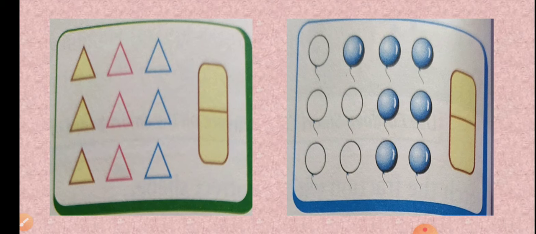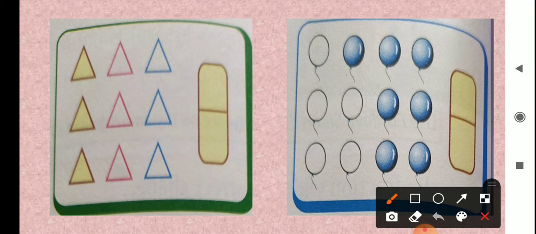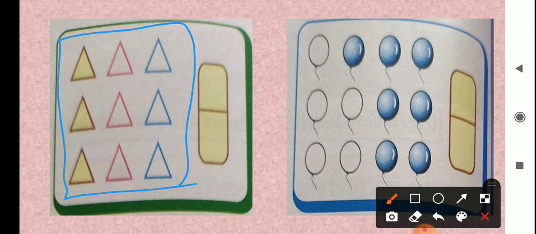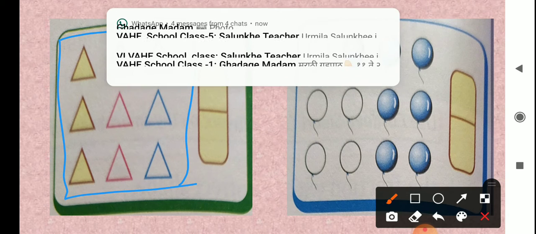Okay, so look at the given figure. Now here we will see the first figure. If you count, how many total triangles are given here? Yes, correct. Here the collection of triangles means a total of 9 triangles are given.